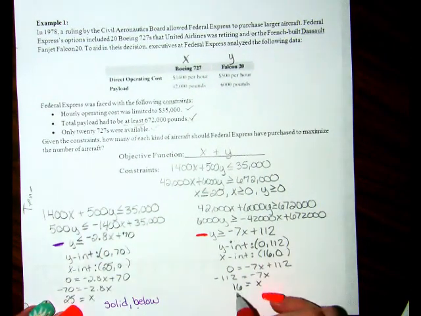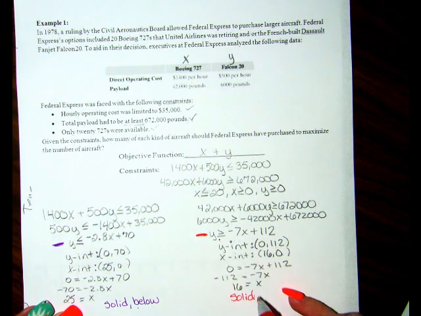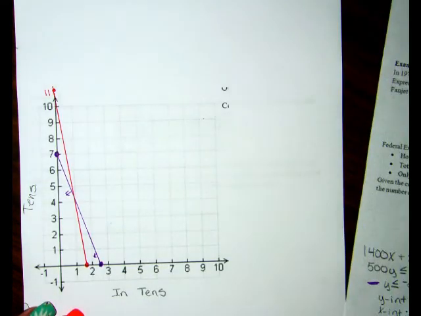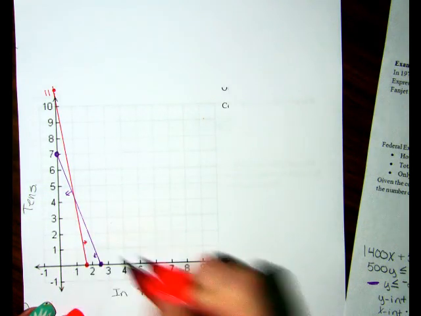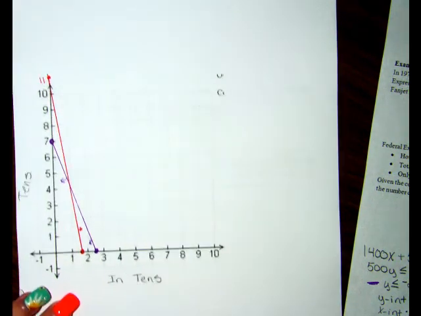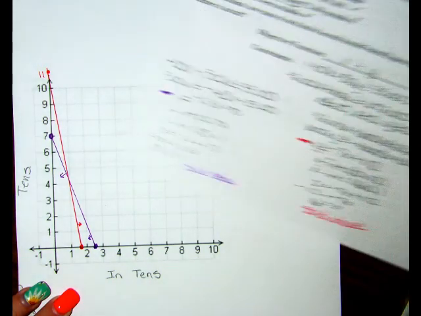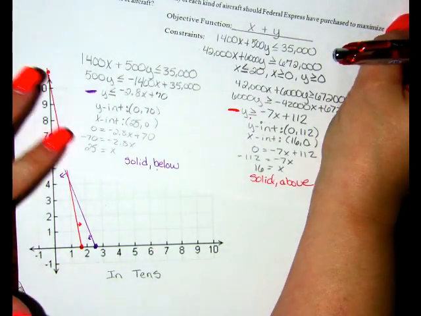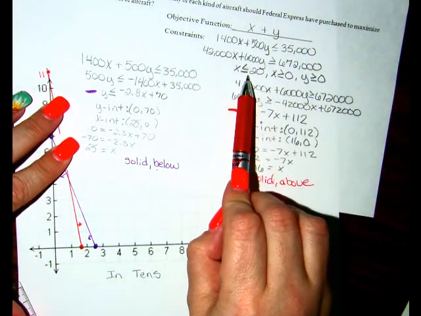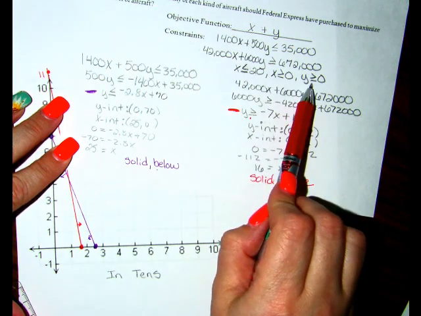Okay, now it is solid, and because it's greater than or equal to, we would do above on this one. So I'm going to draw an arrow above, saying, nope, go that way. Okay? Now, I still have more constraints, don't I?